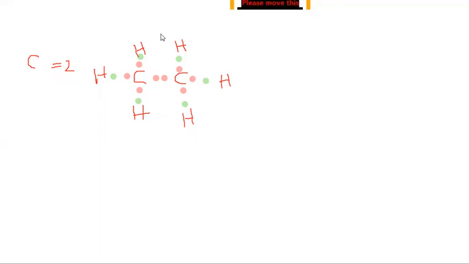And now you can draw a dot structure: carbon, single bond, carbon. Each carbon has one hydrogen bonded with it.